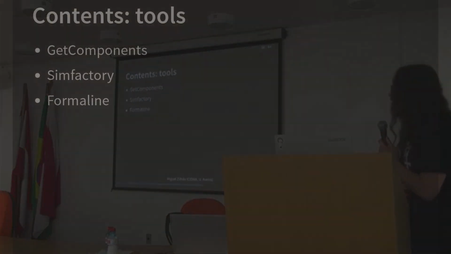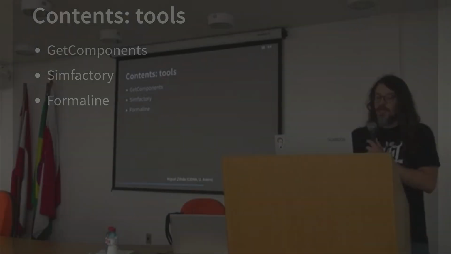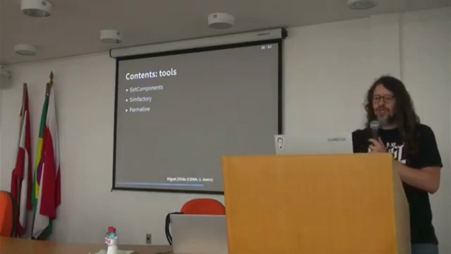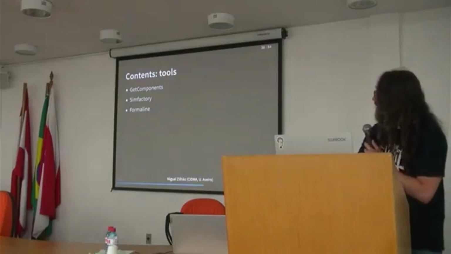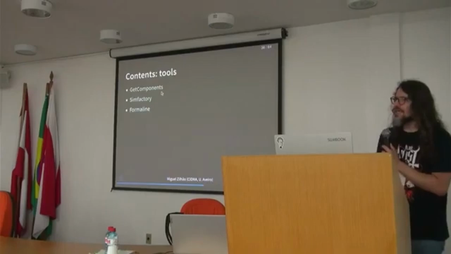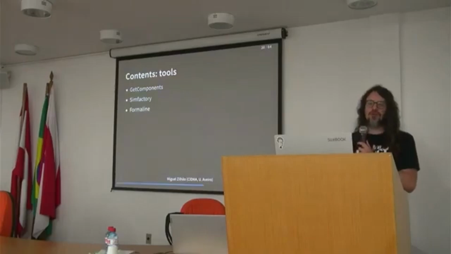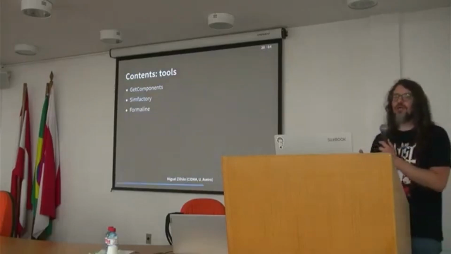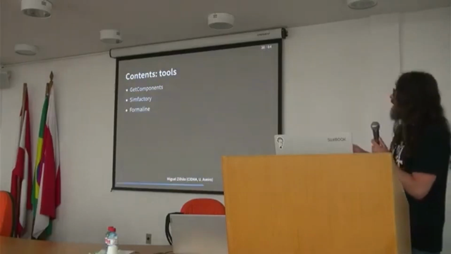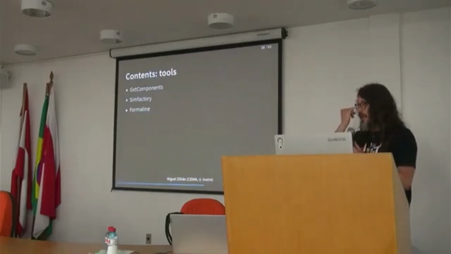Now, the toolkit also provides you with some tools. The three big ones are listed here: GetComponents, SimFactory, and Formaline. GetComponents is nothing but a fancy Perl script that allows you to download the code. This is, I suppose, also for historical reasons, because the development of different parts of the code, or of different modules, is not centralized.